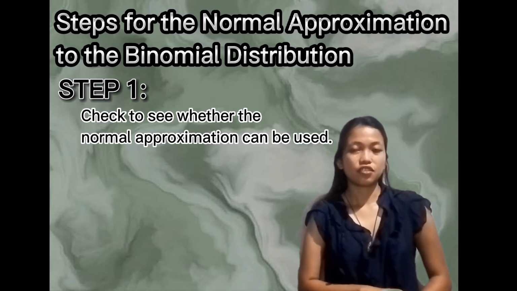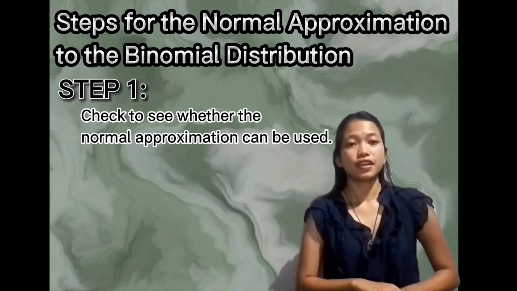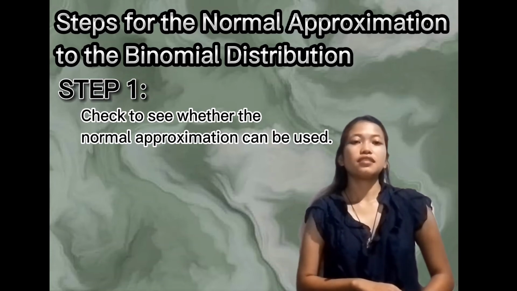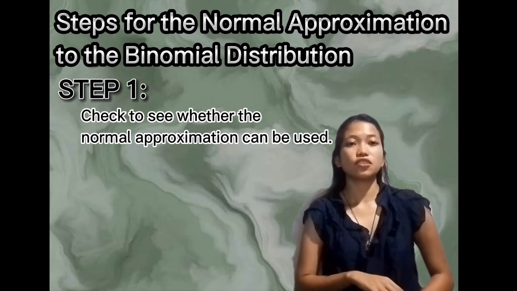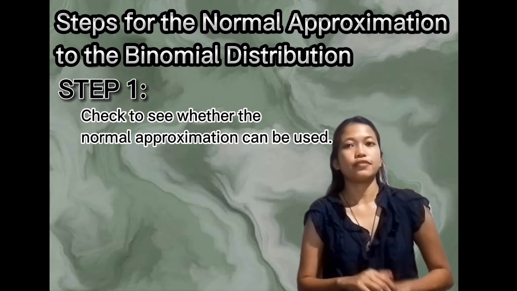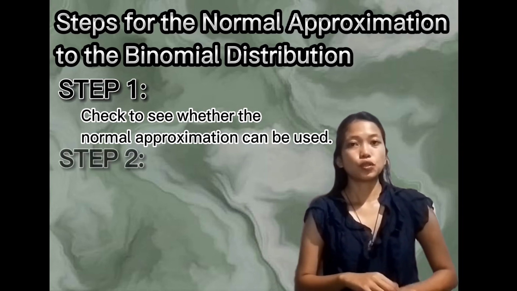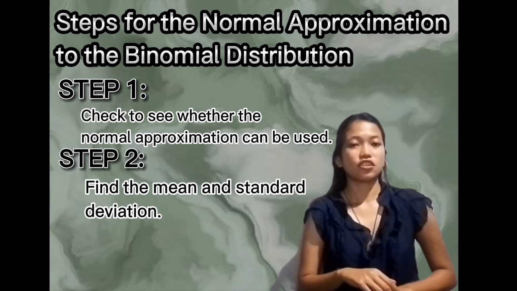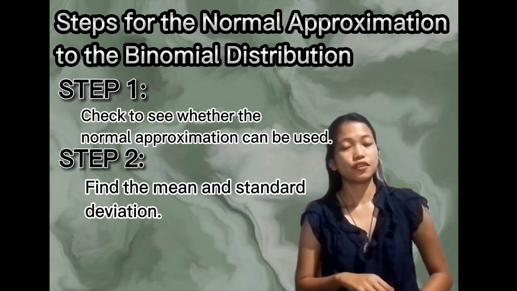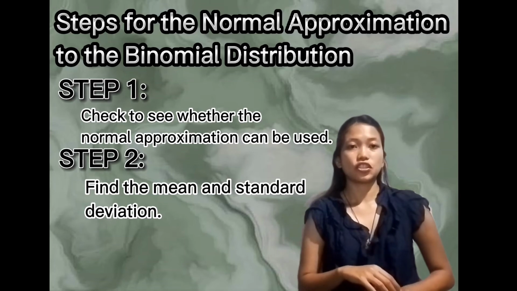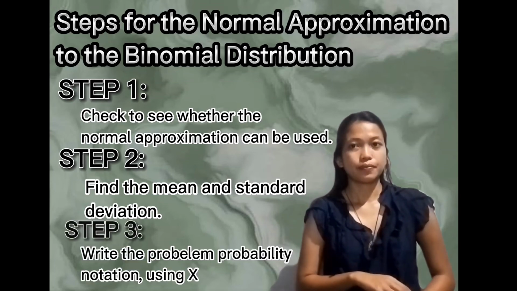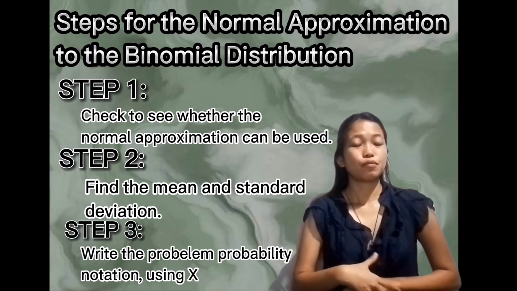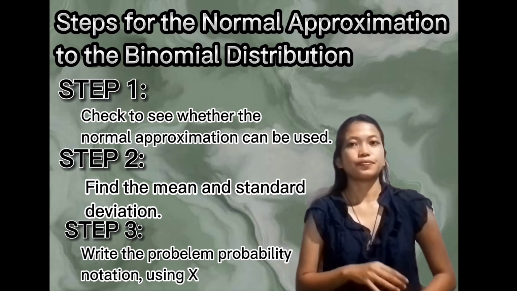Well, we will again refer to the condition of n times p is greater than or equal to 5 and n times q is greater than or equal to 5. Step 2. Find the mean and standard deviation using the given formulas of the mean and standard deviation in a binomial distribution. Step 3. Write the problem in probability using x.